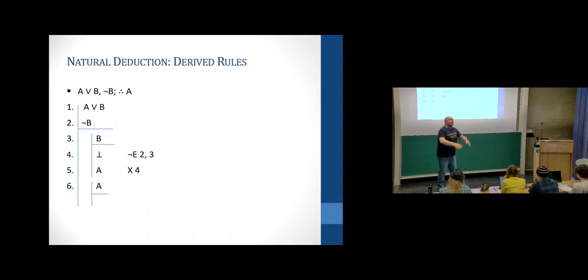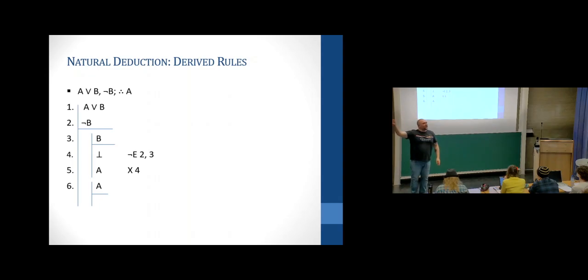Good. So remember, what we're trying to do with disjunction elimination is you need to have 2 subproofs. One subproof is lines 3 to 5. Our next subproof is going to be lines 6 to wherever we end up. Because whatever conclusion we want to get needs to be on that proof line.